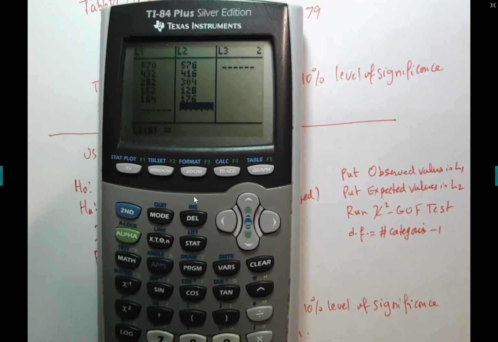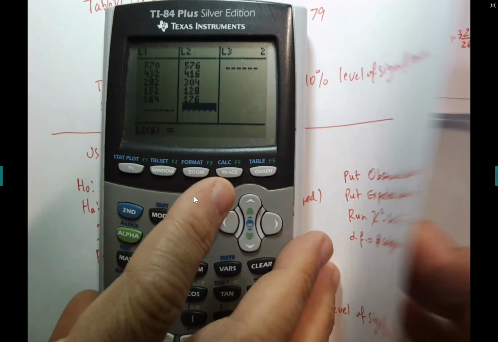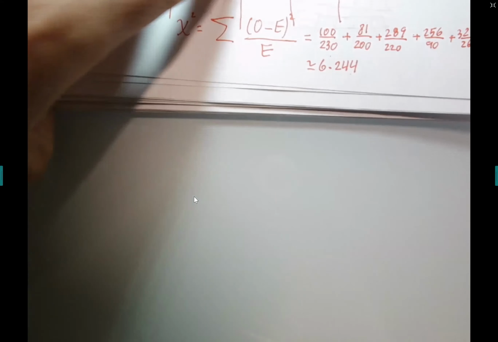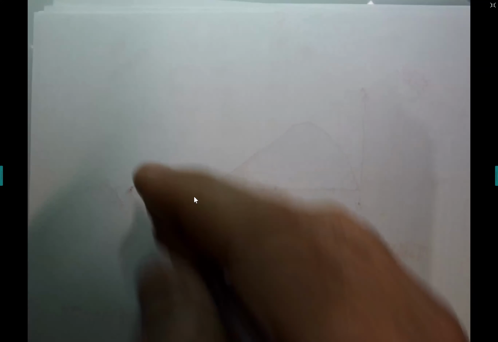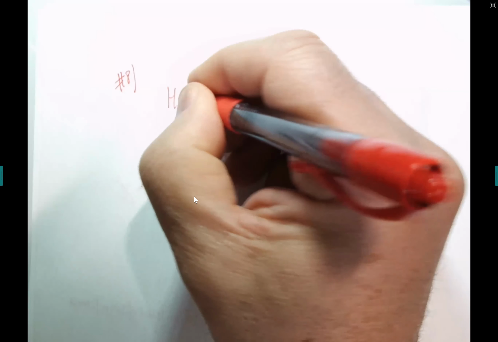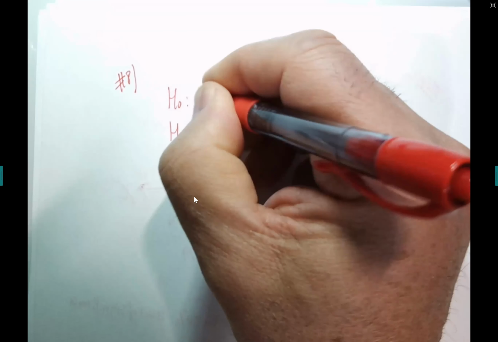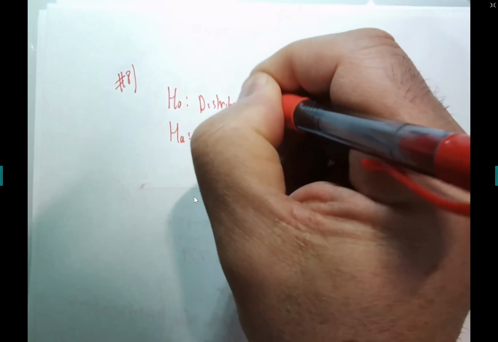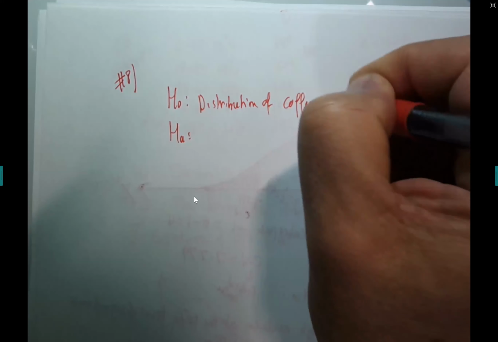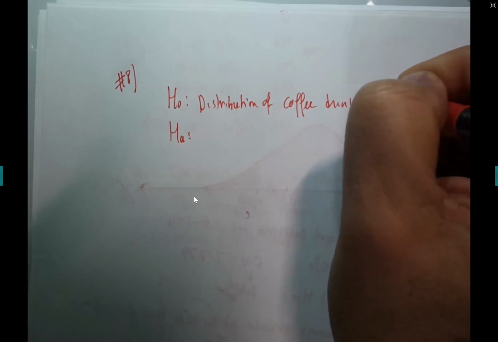And now let's write down the null and the alternative hypothesis for this question. It's number 8. So H0: distribution of coffee drinkers is as claimed.